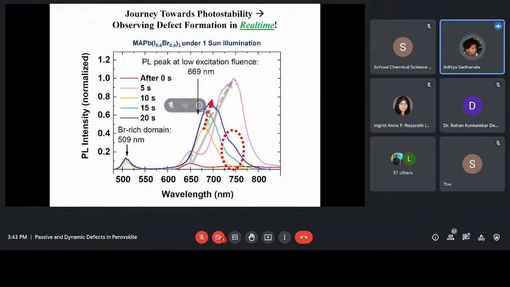The thing I wanted to tell you is this happened because we were almost close to the resonance frequency of this defect formation. Okay, so you can basically change the repetition rate of your laser, which will then match the resonance frequency of your defect formation.